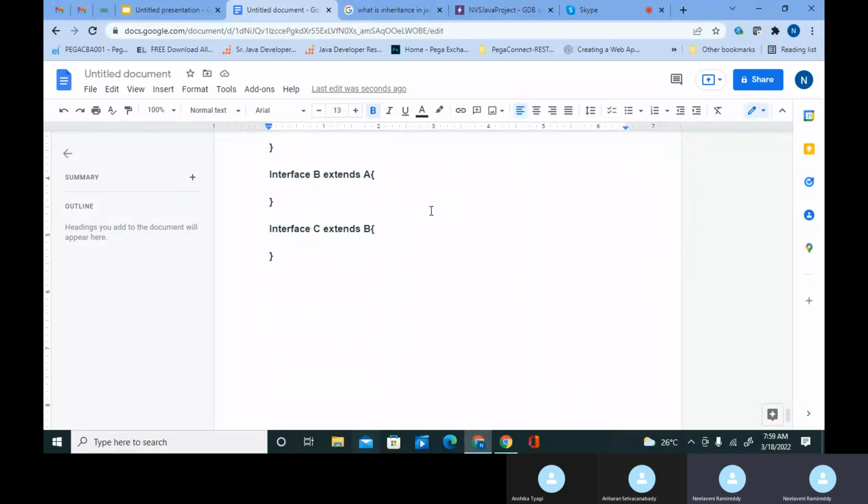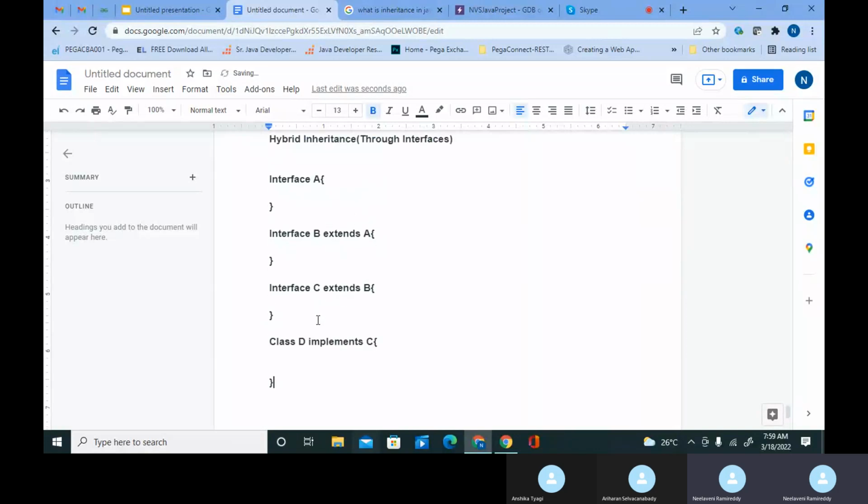So for example, if I have a class D, and if I implement C alone, what happens here?